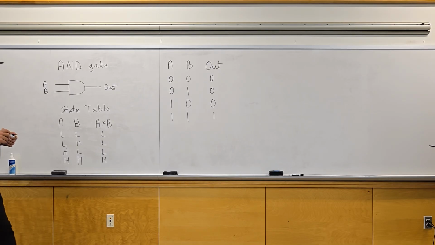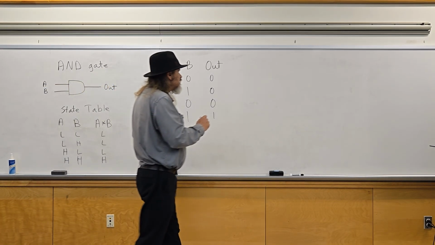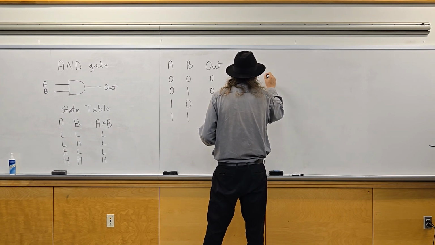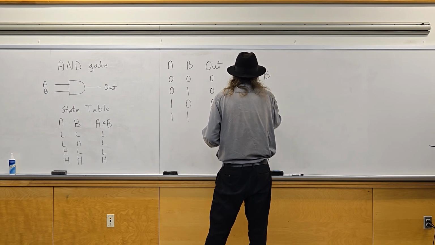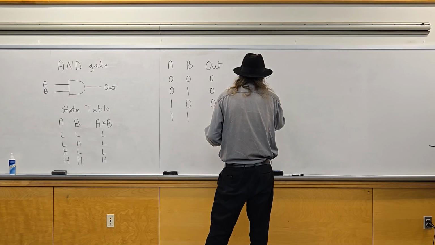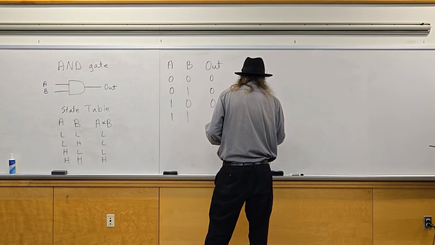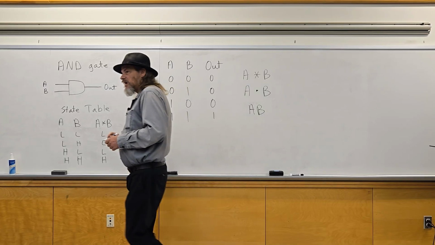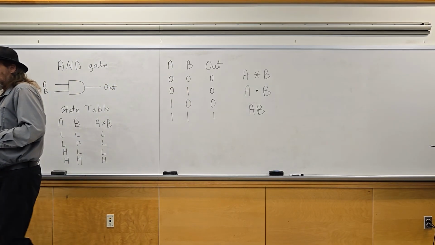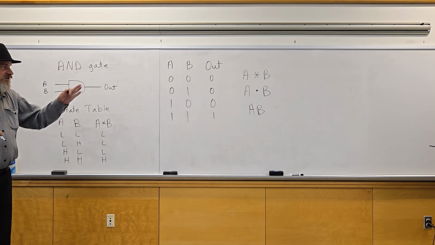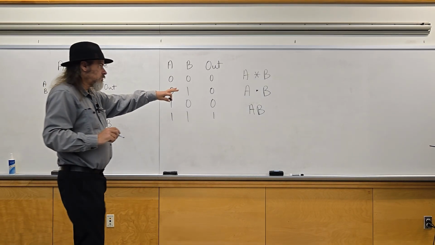So in Boolean expressions, you can see A star B, A dot B, or just AB, just like you would in a math class for multiplication. All these three are the same.